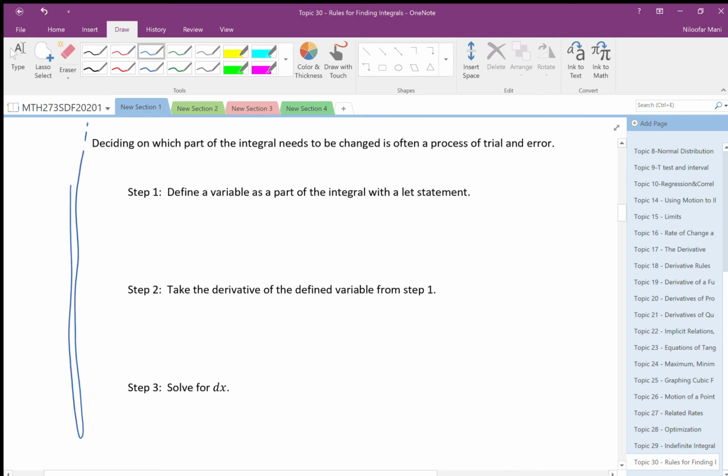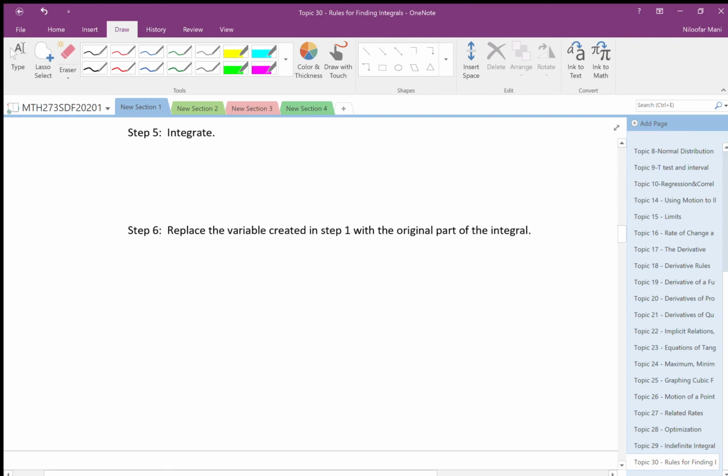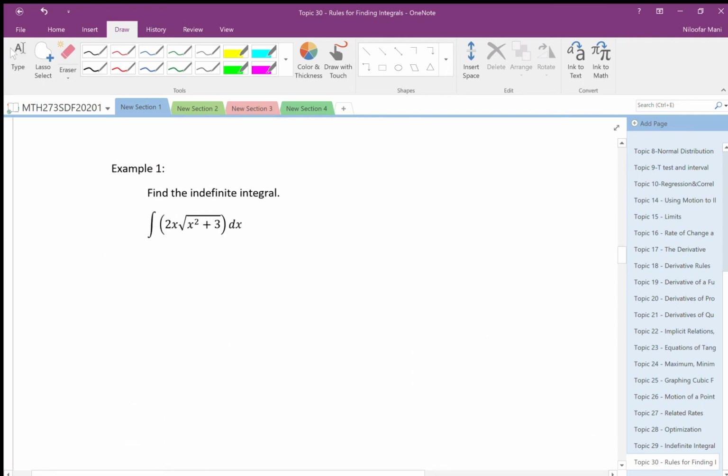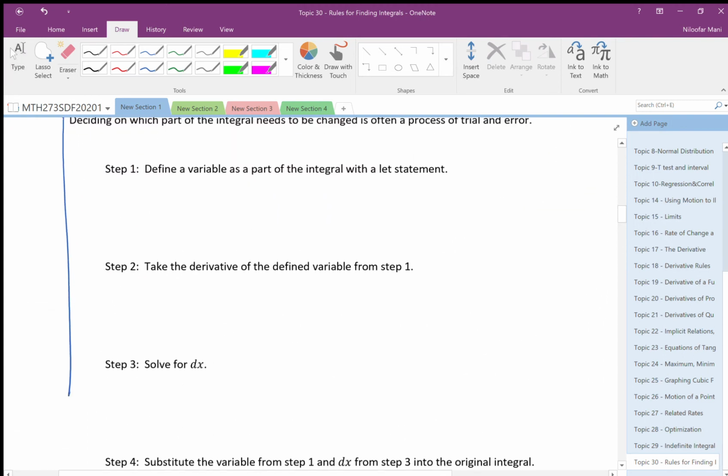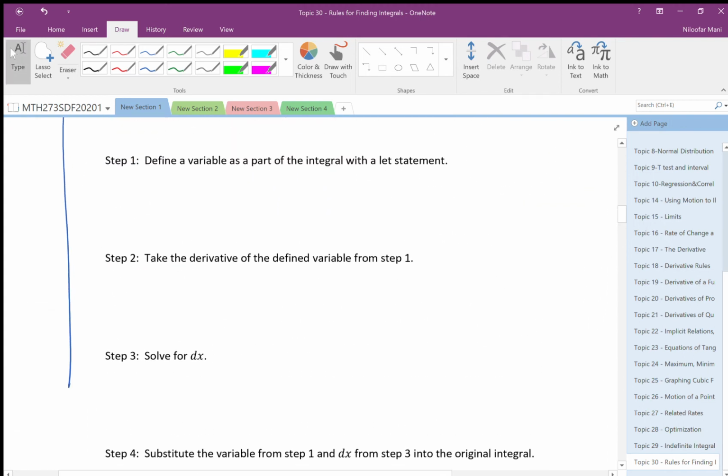Okay, see here it's talking about all the process which I did here. So all of these, which I just showed you in the question, it's talking about those. Okay, so here you can read those steps. It says define a variable as a part, so you have to define u here, u as something.